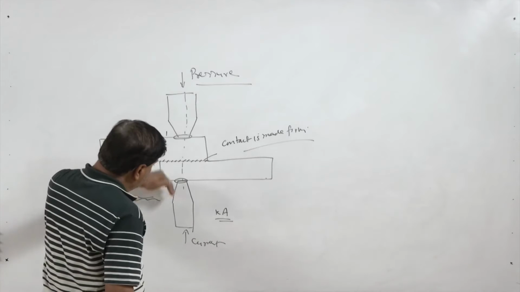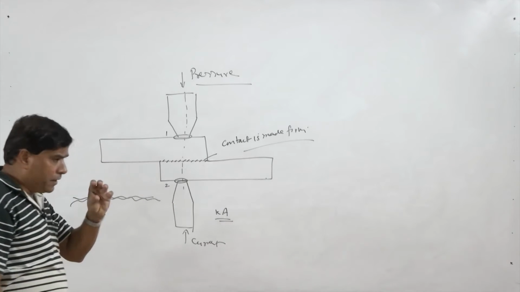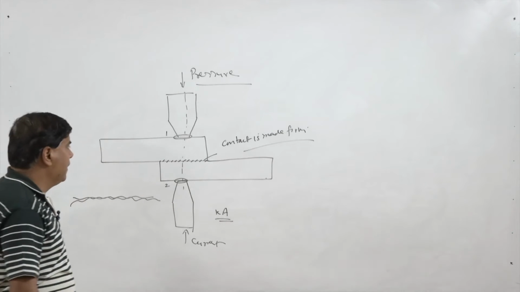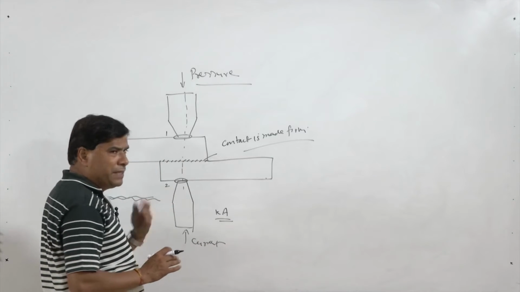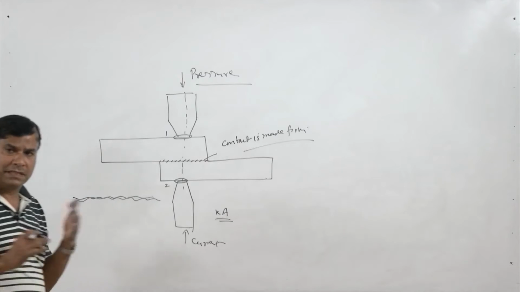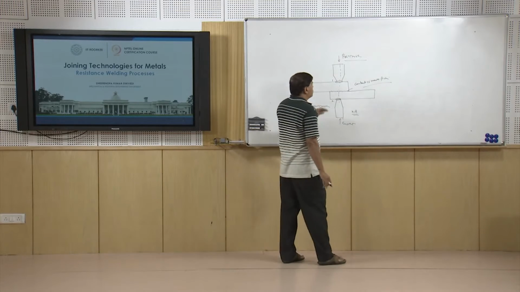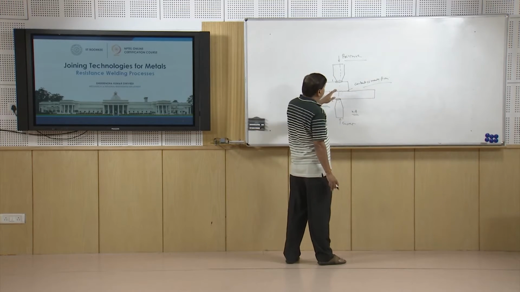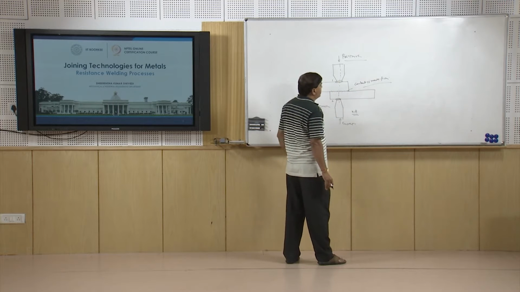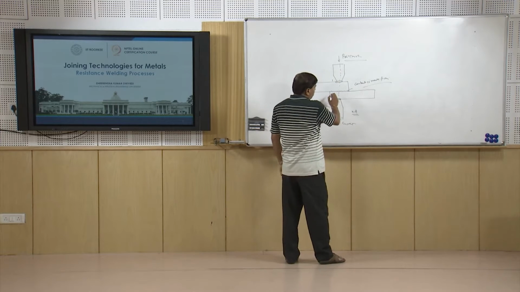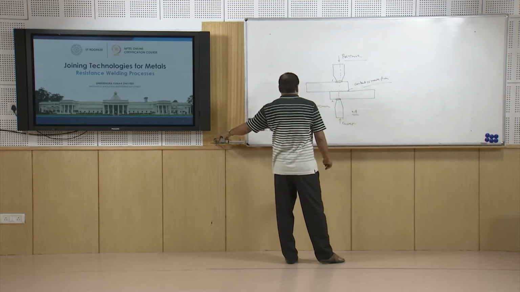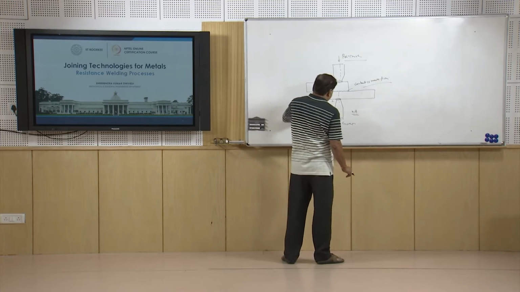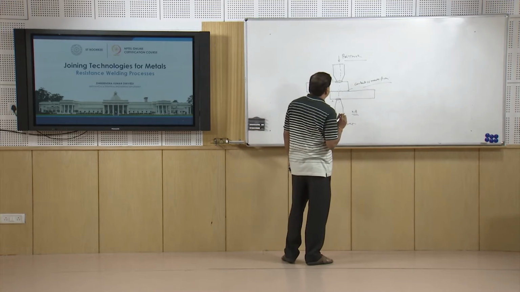Since the heavy current is flowing, a loose contact may result in sparking or arcing between the surface of the workpiece and the electrode, which will damage both the surface of the workpiece as well as the electrode. So, the firm contact is required first between the electrode and the workpiece, and then of course, firm contact is also required at the faying surfaces between the workpieces, and that is why sufficient pressure must be applied.